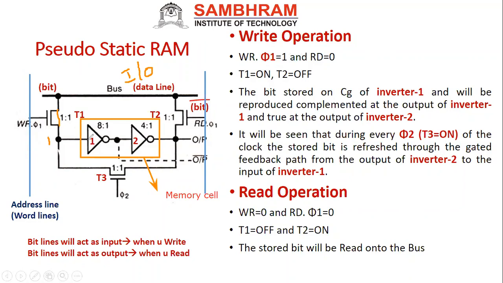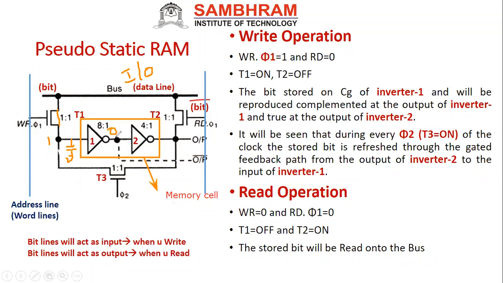Then the bit stored on CG, that is nothing but this inverter's gate capacitance here, correct? Internally, the gate capacitance of inverter 1 will reproduce the complement, the complementary output.